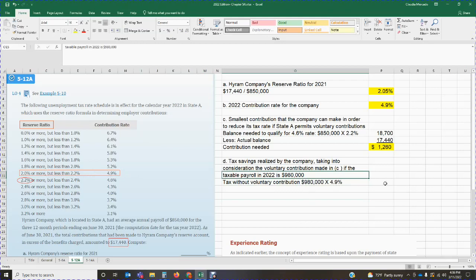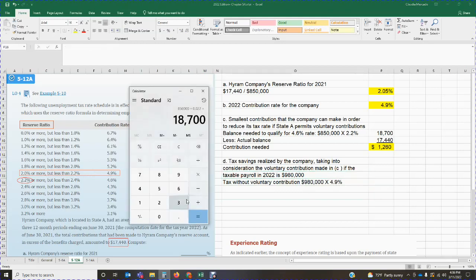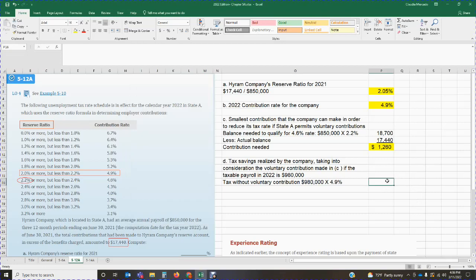If we stay in that tier, how much would we pay? Well, we made $980,000. I'm going to multiply it by 4.9%. That means that we would pay $48,020. Okay, $48,020. So that would be the amount that we are liable for. That would be our tax without the voluntary contribution.